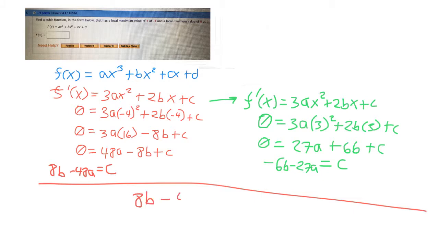So we have 8b minus 48a equals negative 6b minus 27a. And we'll add 6b to both sides. That gives us 14b, and we could add 48a to both sides, and that gives us 21a.